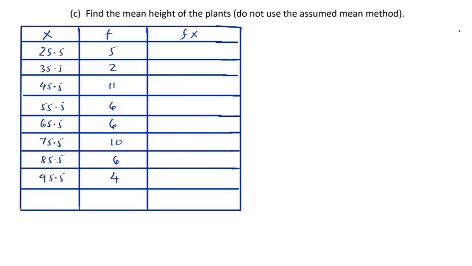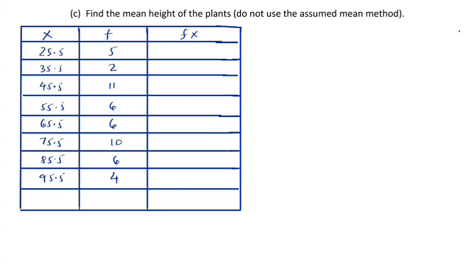Okay, so part C of the question, we are supposed to find the mean height of the plants, and we have been told not to use the assumed mean method. So to find the mean, let us add another column which we name fx, and this column is going to be the product of frequency and class mark.